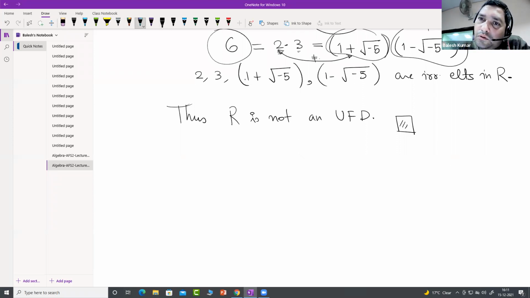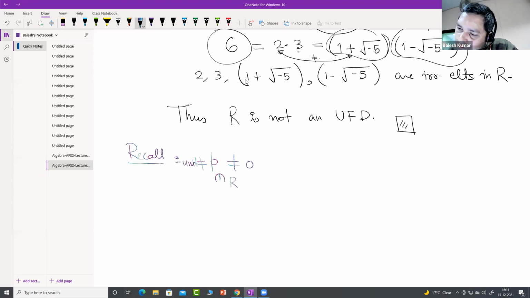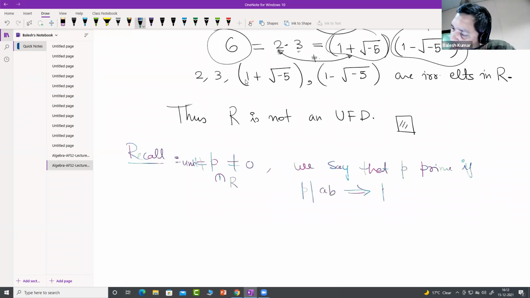Anyway, you know this definition of prime element. If you take a non-zero element P, and of course it is not a unit, inside an integral domain R, we say that P is prime if P divides the product AB, which should imply that either P divides A or P divides B. So this is the definition.